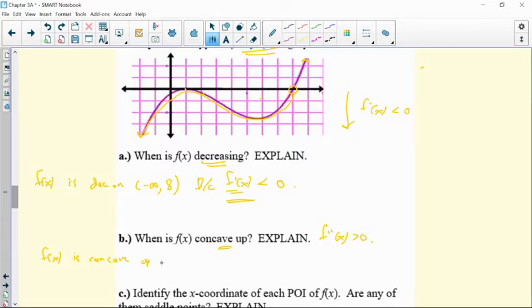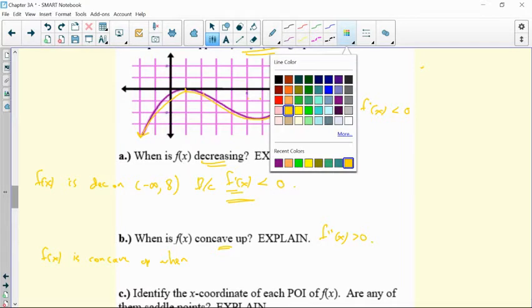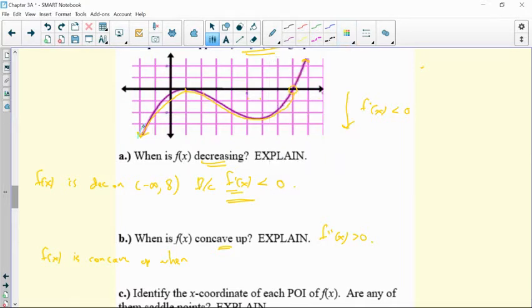F of x is concave up when, let's see, concave up. We want the slope of this line to be positive. So that's happening here, right? Positive, positive, positive, positive, up to that point. And then maybe starting here, positive, right? Because if the slope of the tangent line of the first derivative is positive, it means the second derivative is positive.